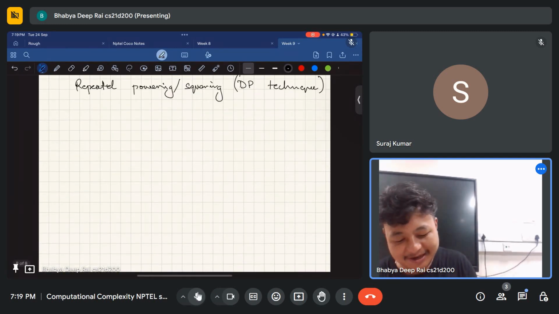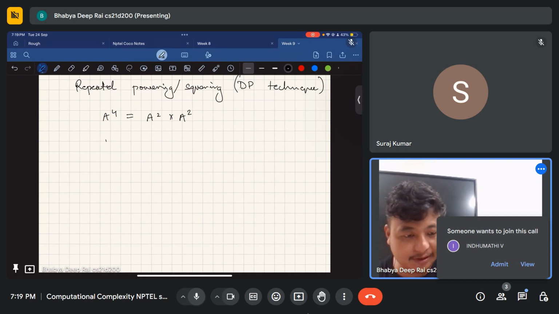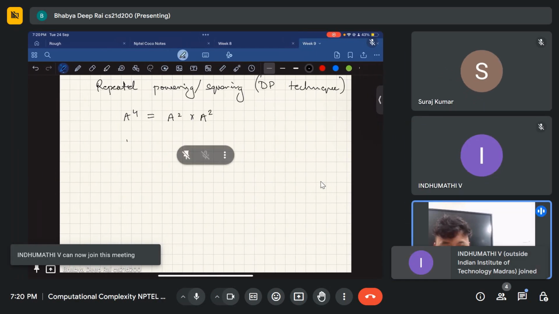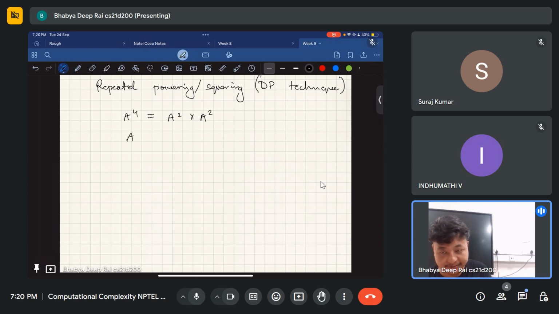Okay, and exactly, to compute a to the 4, it is as good as saying a square times a square. And to compute, say, a to the 8, okay, I want to do that. Then what can I do?